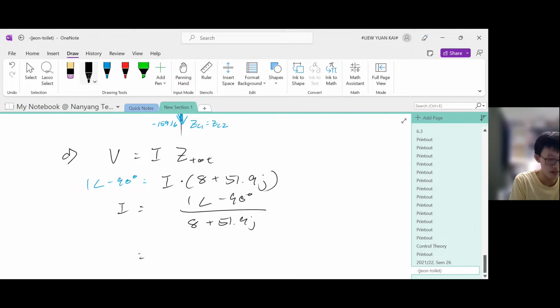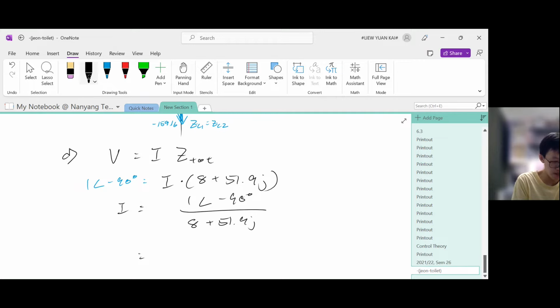I didn't find the answer for this, but hopefully it should be right. Okay, give me a minute. Okay, so 8 plus this answer, and then we have the phasor, which is 1 at an angle of negative 90.